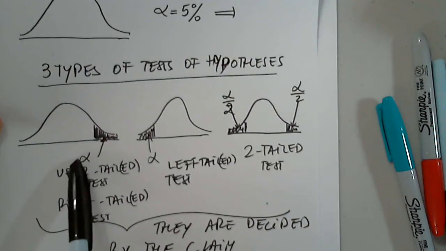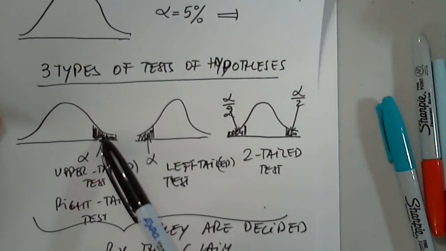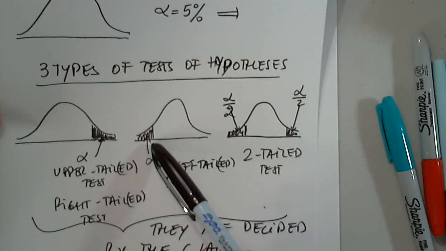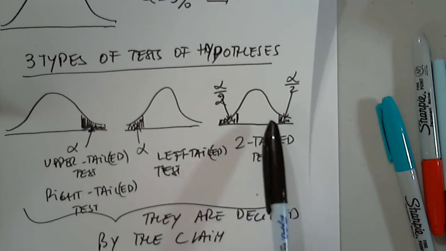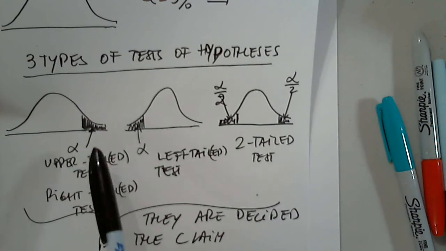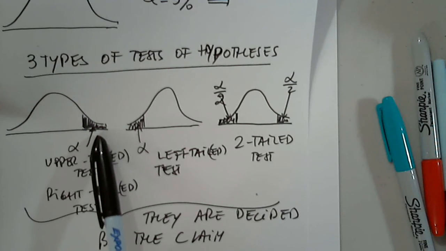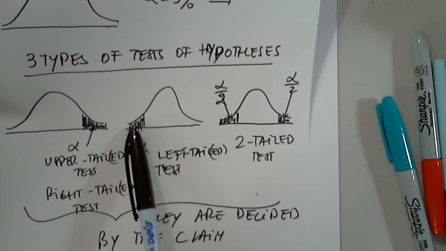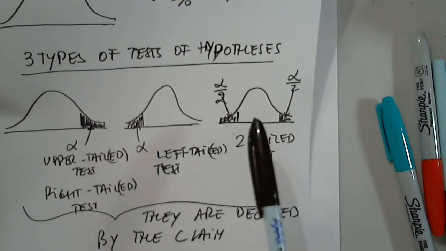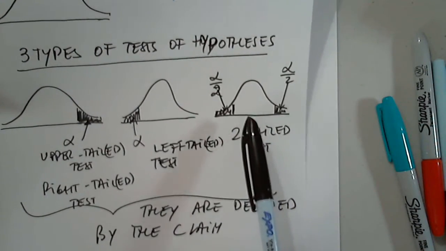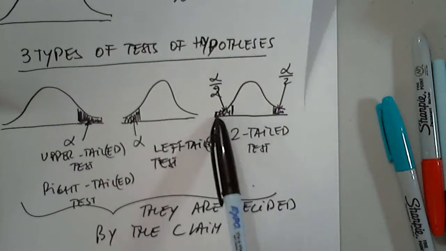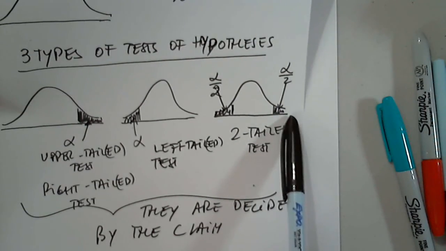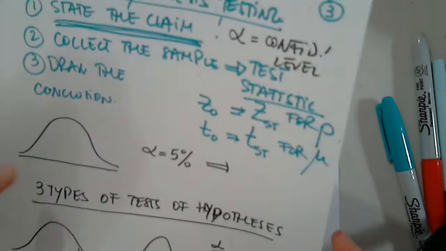Again, has increased, has decreased, these are the key words, is different than it was. Has increased versus what it was, has decreased versus what it was before. It's not the same as it was before. Two-tail test.